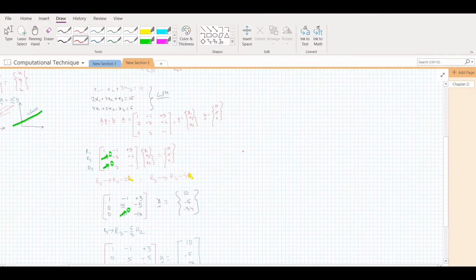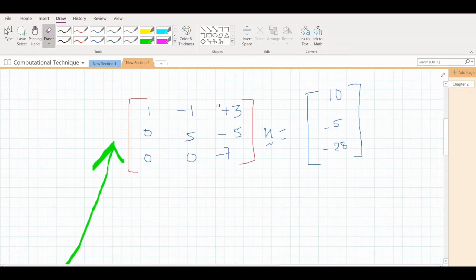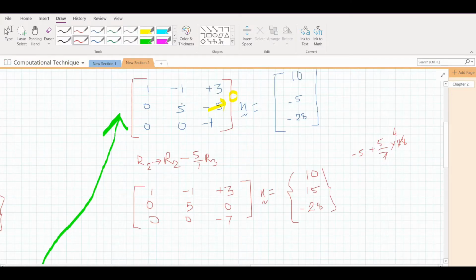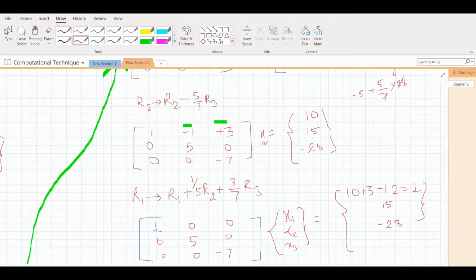So let's try it. You can start from here. So our target now is to make this one 0. Now to make this one 0, what you can do is, so after this what you'll get is, now we have to make this one and this one 0. To do this, what to do here is, now you can solve this easily.